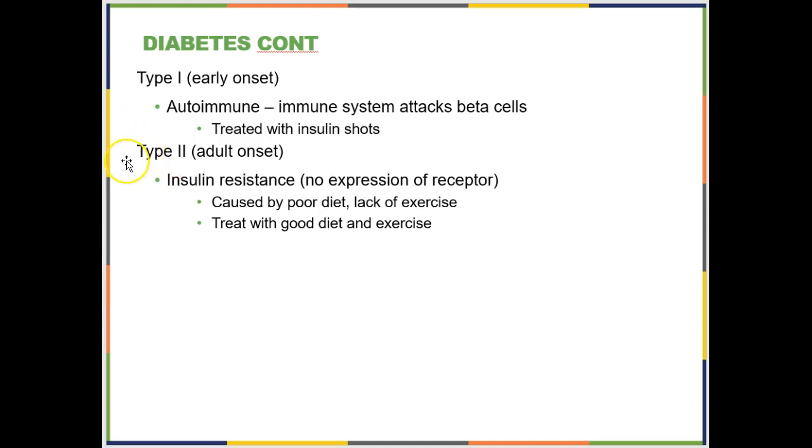Type 2 diabetes is sometimes called adult onset diabetes or insulin resistance. This happens when you have a poor diet, lack of exercise, probably some genetic predisposition too, which means you have elevated blood glucose levels for an extended period of time, elevated insulin levels for an extended period of time, and for reasons that I don't understand, when that happens, your body's cells stop making the receptor for insulin.